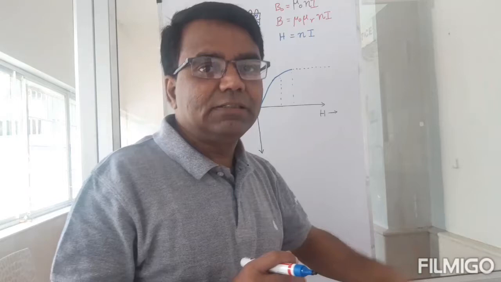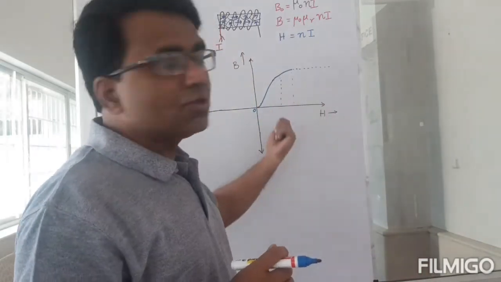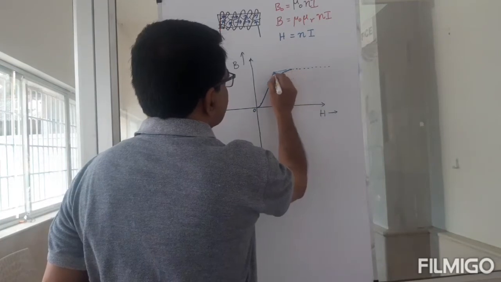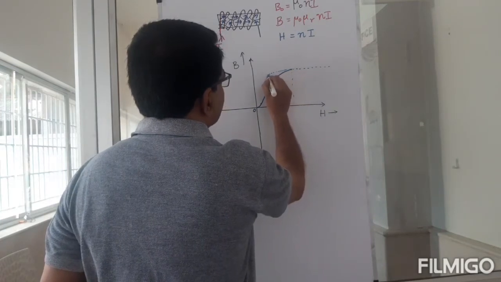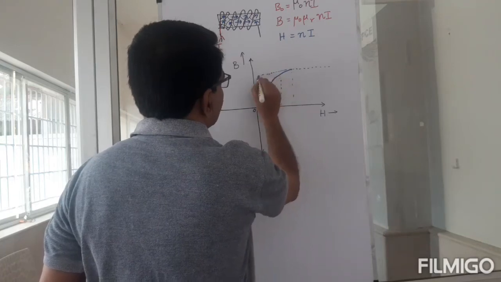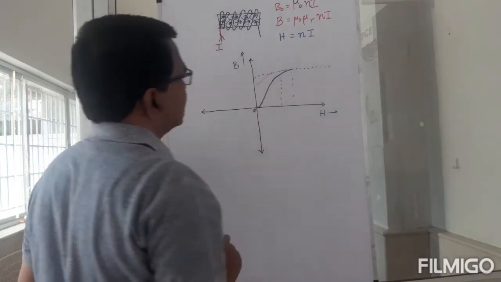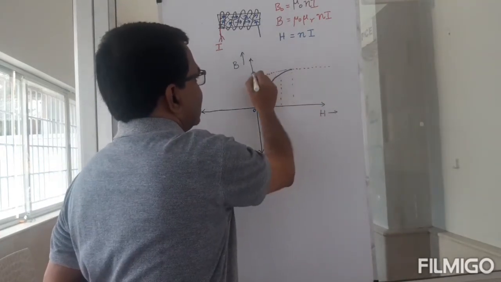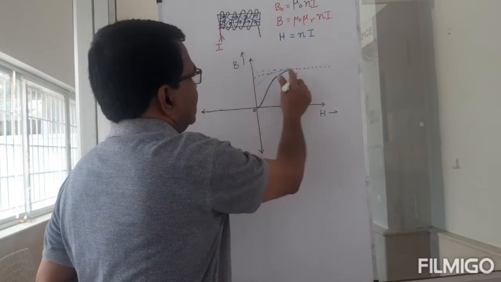So even if I reduce the current, and once I reach this place, then it will almost remain the same. Even if I bring the current to zero value, it will almost remain the same. Think about it. From here, maybe a slight variation, but then this will remain the same.